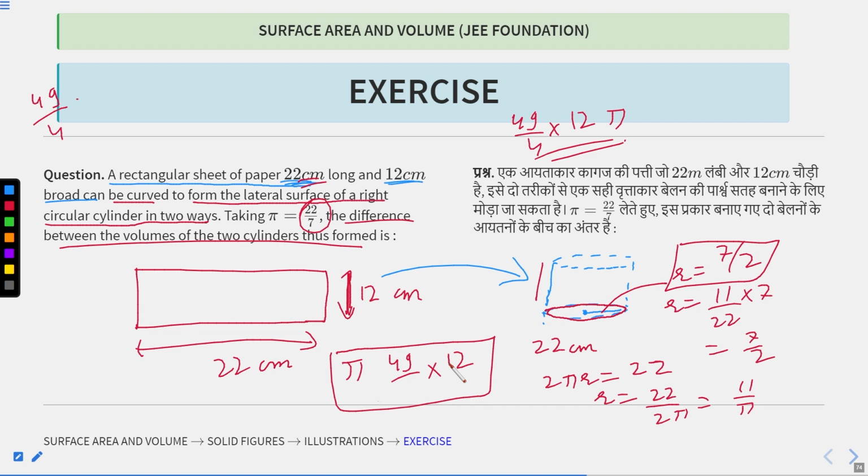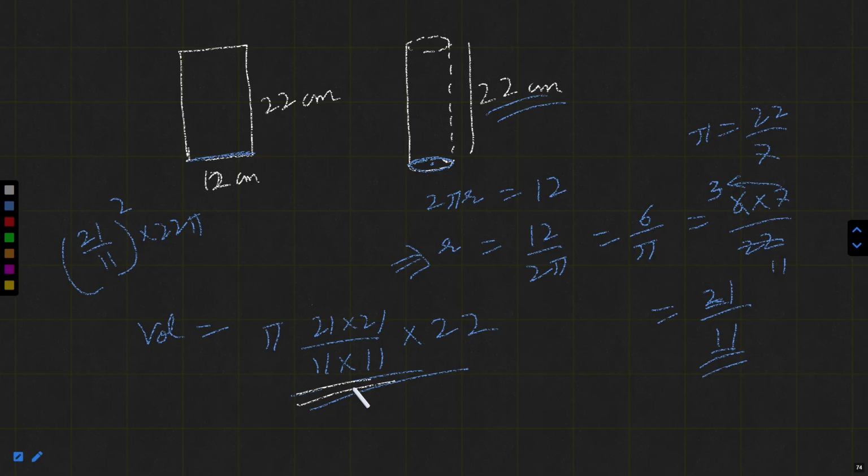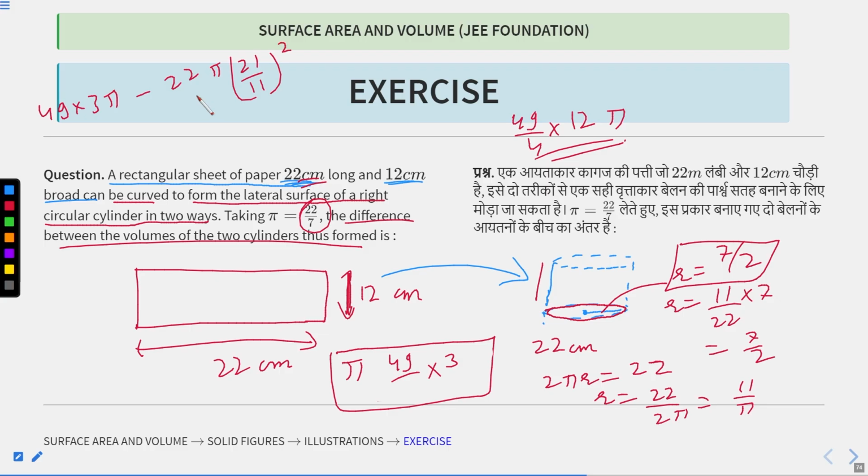So now 49 times 3 pi minus 22 pi times 21 by 11 whole square. I think this is what we needed.